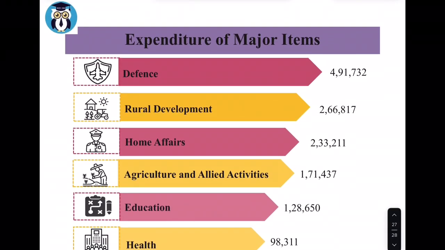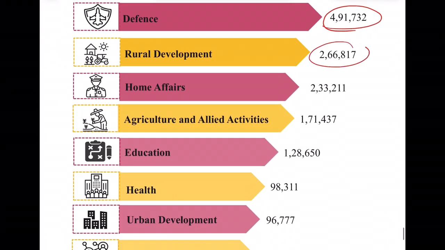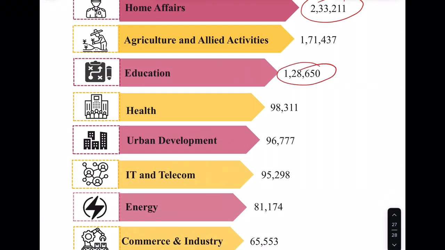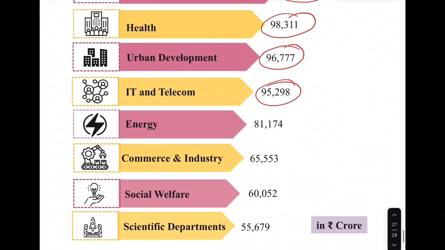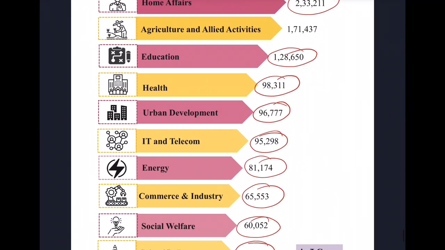In which sectors has the expenditure on major items been made? Defense largest, then rural development, then home affairs, education, health, urban development, IT, energy, commercial, social welfare, scientific department. So one can actually compare.